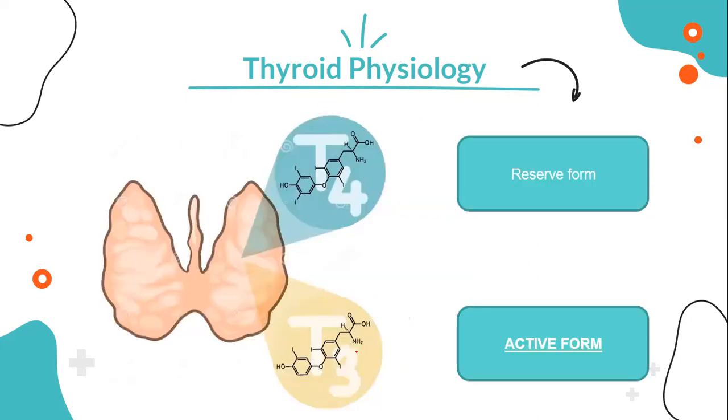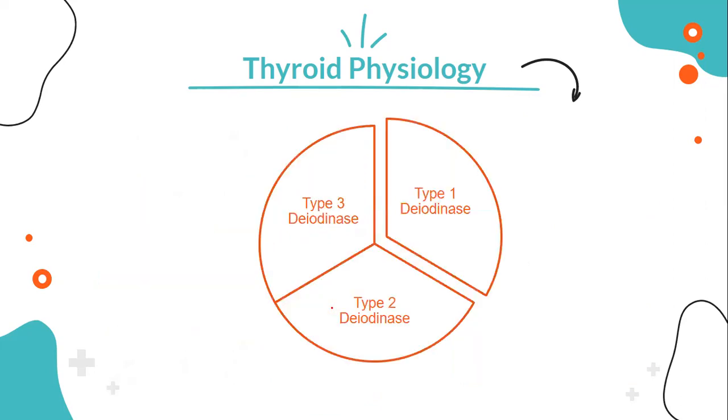Let's say both hormones are released into the bloodstream, right? And they have to reach the peripheral tissues for them to take action. In peripheral tissues, there are some enzymes that are related to the metabolism of these hormones.